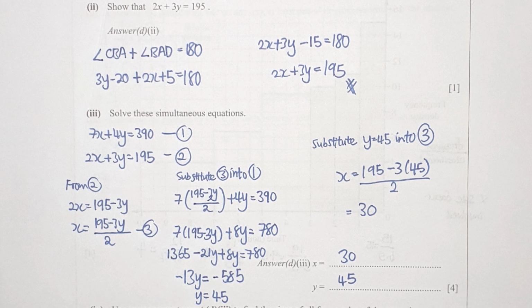For section 2, do take note that angle CBA plus angle BAD equals 180. This is one of the characteristics of a trapezium. So 3y minus 20 plus 2x plus 5 equals 180. You run the manual calculation, and you should get the answer as 2x plus 3y equals 195.